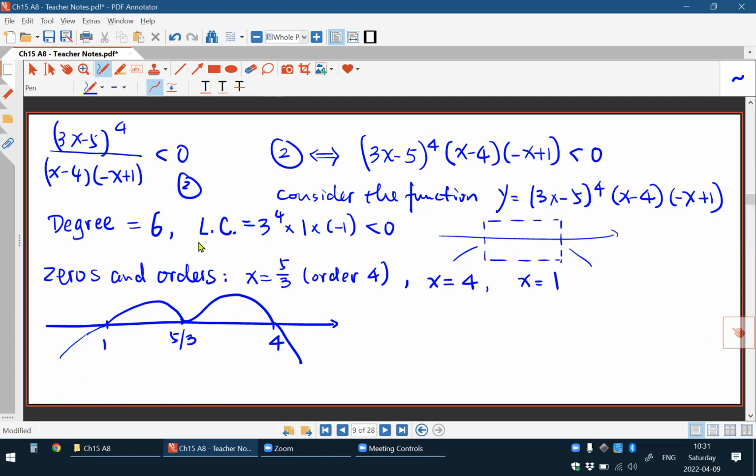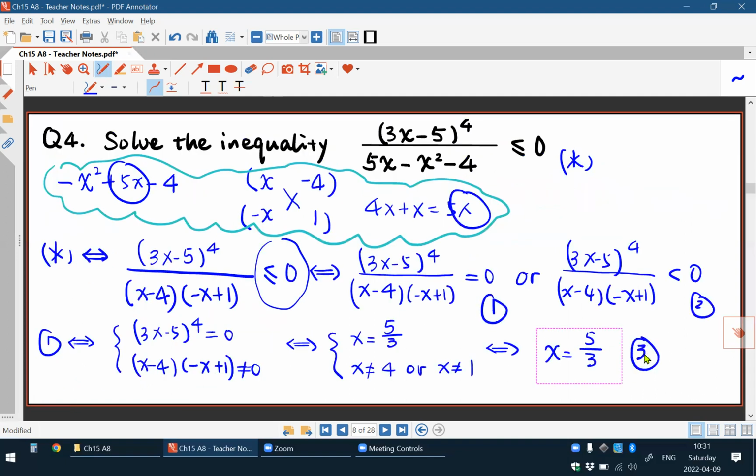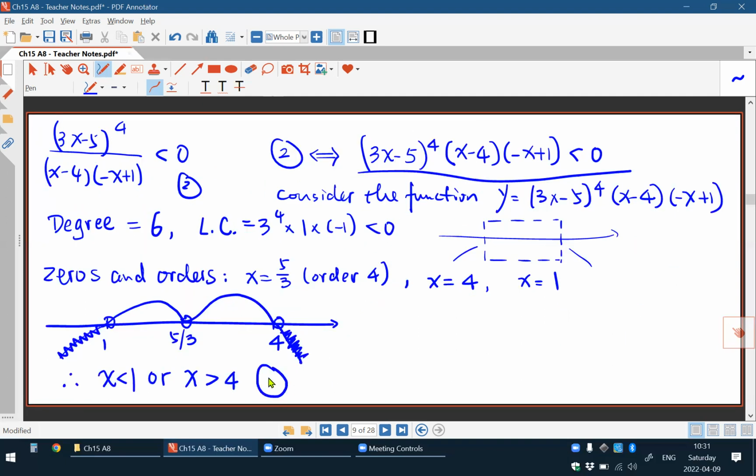And then let's find all the intervals that make this function less than 0. First of all, any of the zeros cannot be reached. Any interval that makes this function less than 0 is x either less than 1 or greater than 4, right? Therefore, the solution to inequality number 2 is x less than 1 or x greater than 4. Let's call this number 3, and the solution to number 2 is number 4.